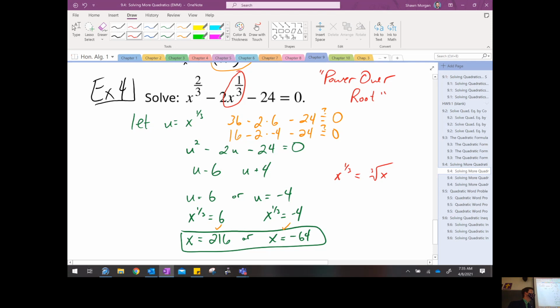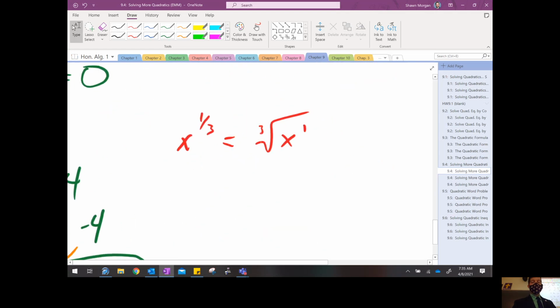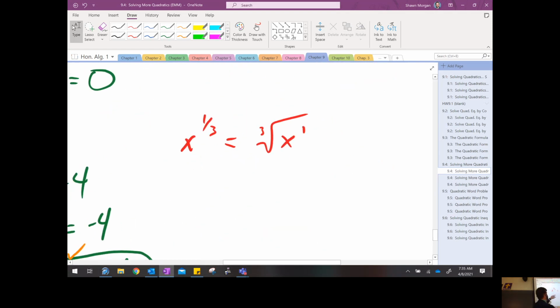Sometimes we're more comfortable dealing with a radical than with an exponent. Power over root means that power is 1 and that root is 3, so x to the 1st power under the cubed root.